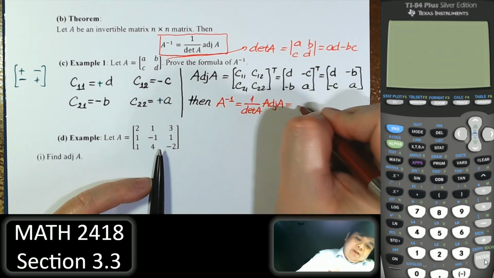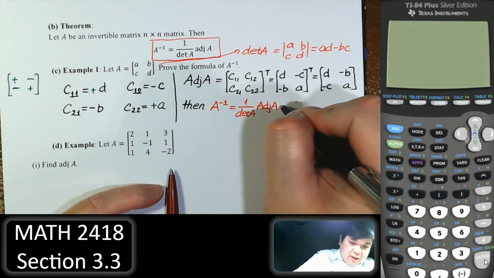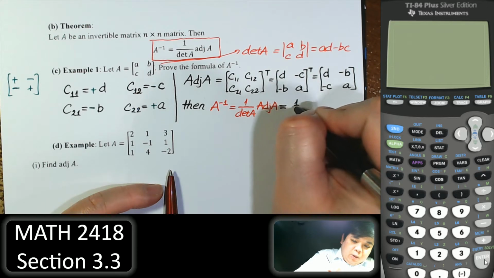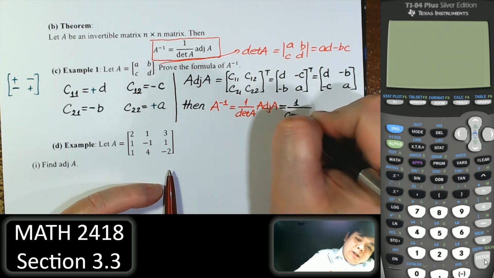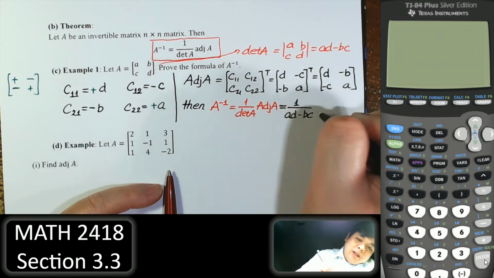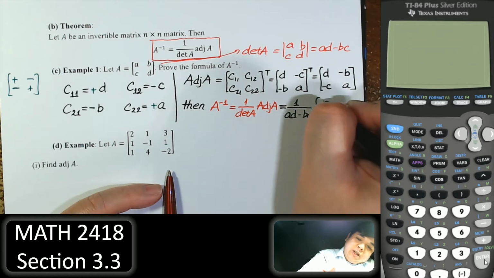So we have 1 over AD minus BC times the adjugate, which is this one.